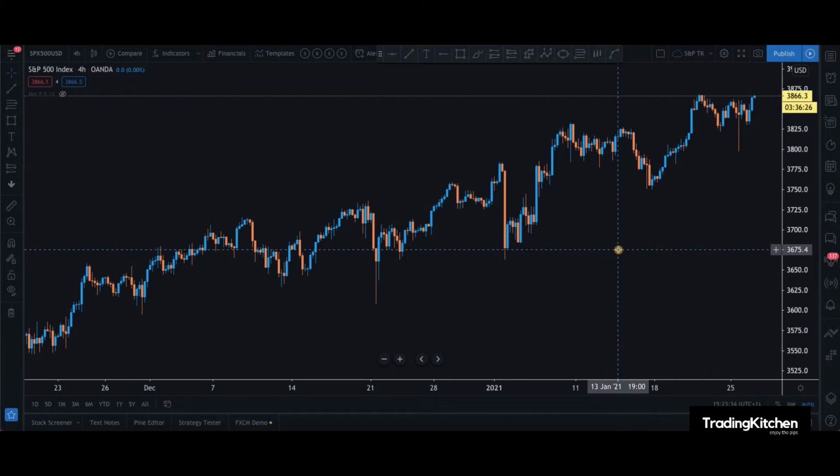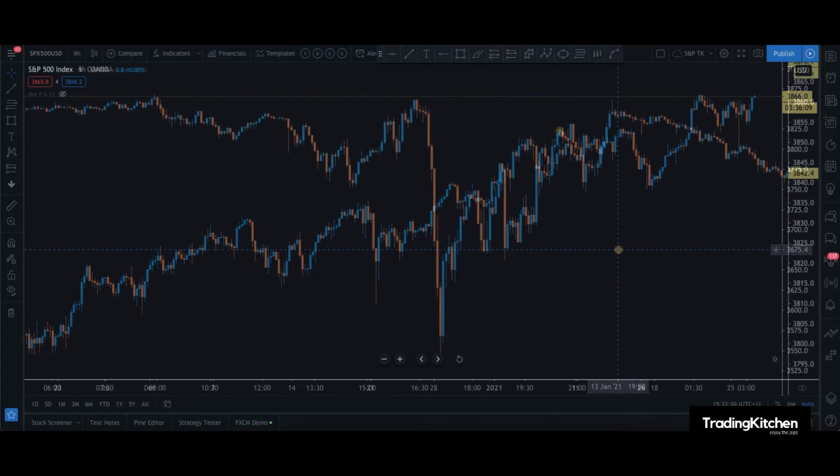These are just noises often used precisely to hit stop losses of the traders who make price action the only way to earn. But this is not the case.